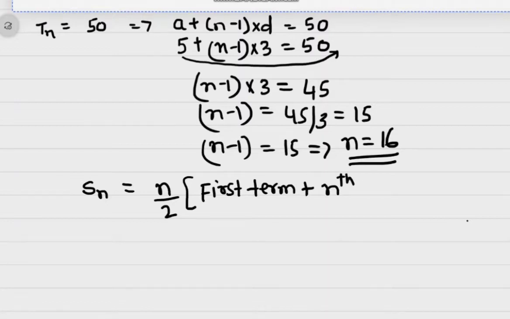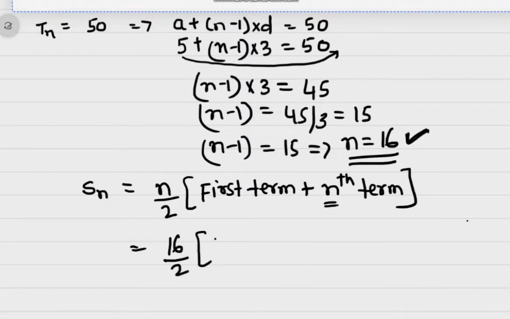Actually I am taking the nth term because we have already got the value of the nth term. Now how many terms are there? We have 16 terms. So for n we will be using 16. 16 by 2 multiplied by, what is your first term? Your first term is 5 plus your nth term, your nth term is 50, plus 50.